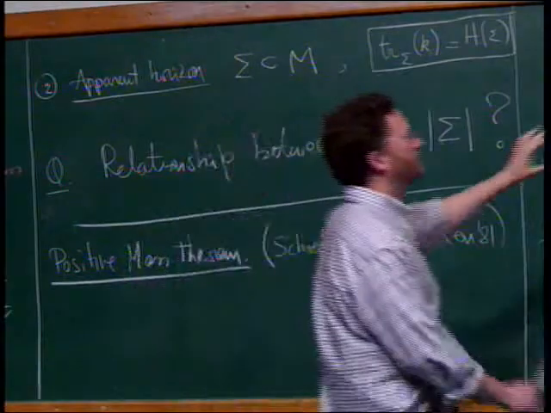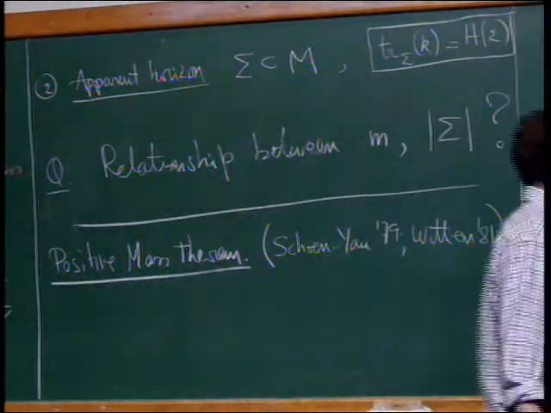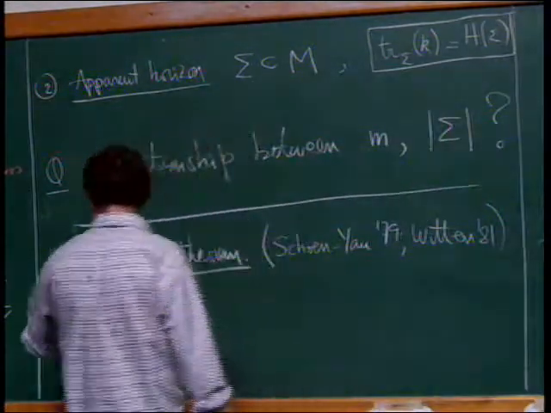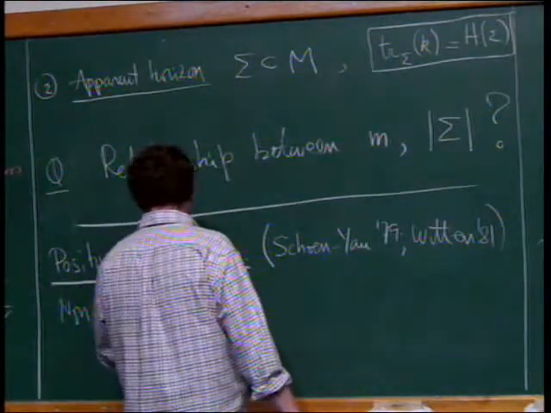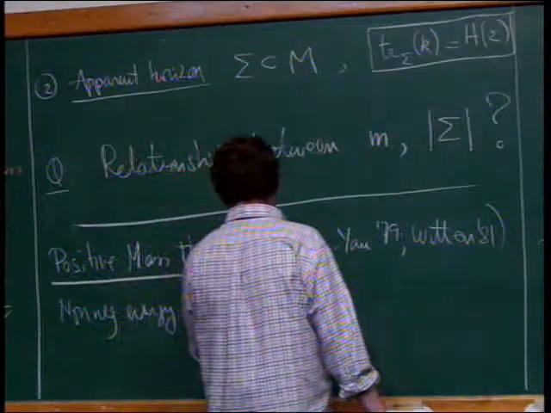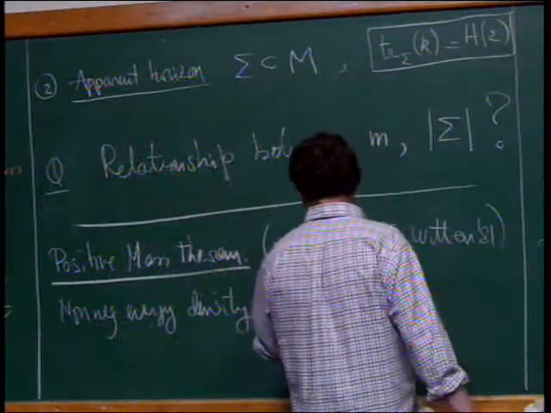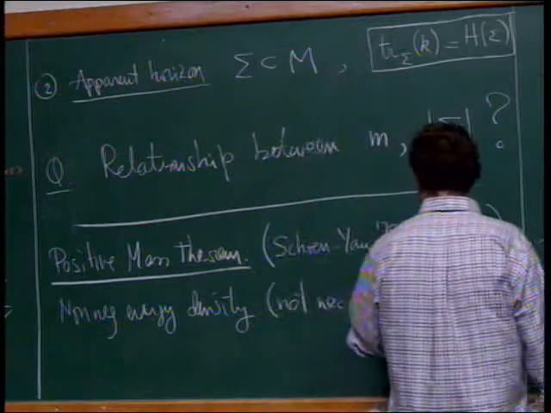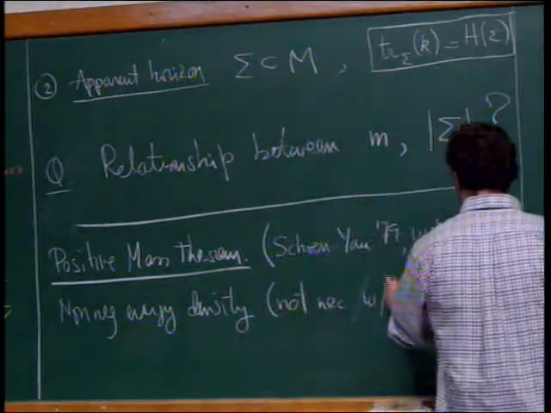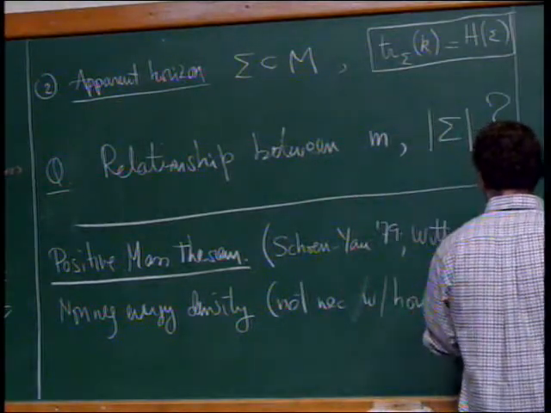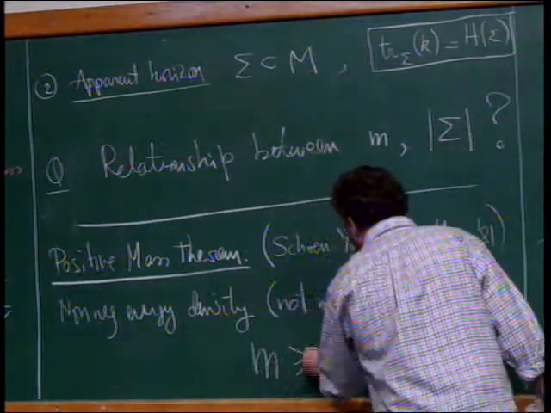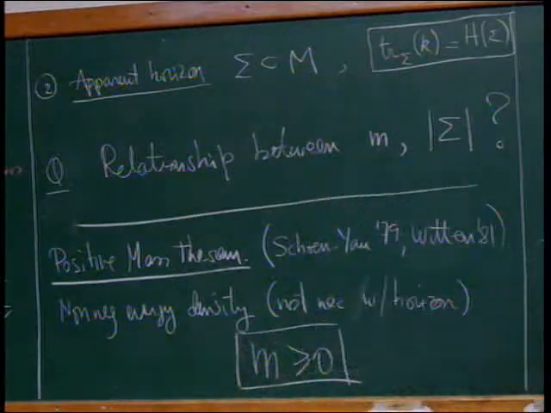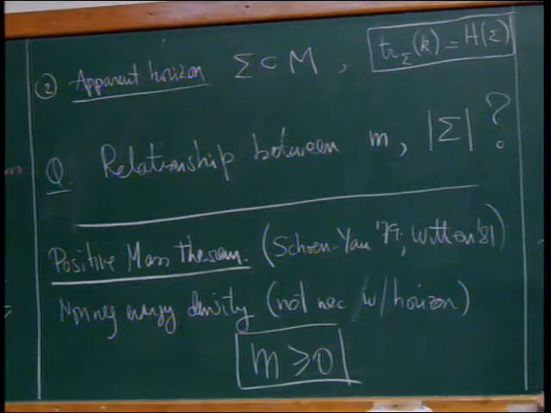So in this general setting, with this non-negative energy density, not necessarily with a horizon, so you don't assume that there is a horizon, then m is greater than 0. So this is the first type of theorem of this sort. It's a big theorem, and it's hard to prove.